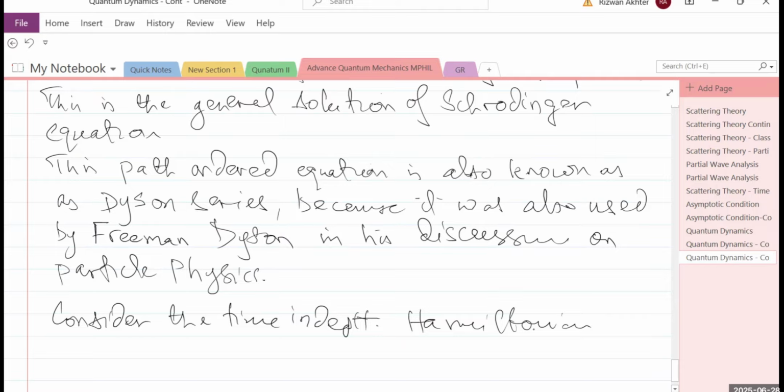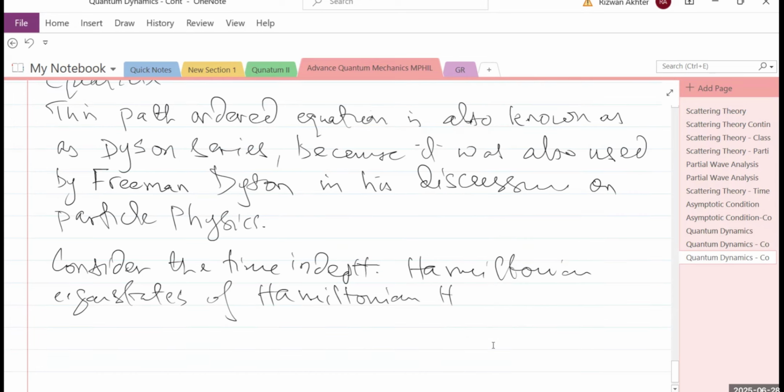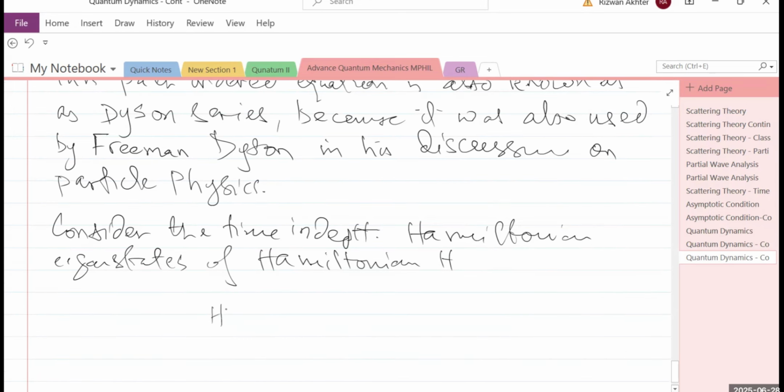In that case, the eigenstates of the Hamiltonian can be written as H|En> = En|En>. These are the eigenstates of the Hamiltonian.